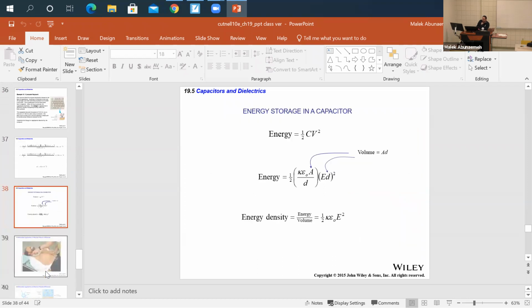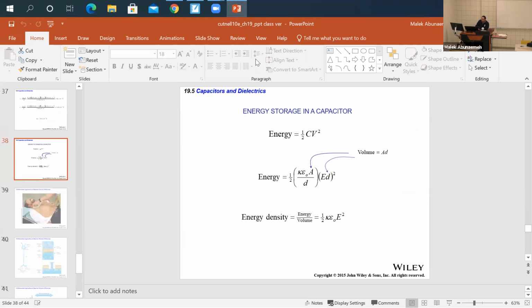It's pretty straightforward. And then the energy stored is equal to 1/2 CV squared. That means your energy density is going to equal your energy over your volume, which is 1/2 dielectric constant multiplied by permittivity multiplied by your electric field squared. And that should conclude chapter 19 for Physics 102.